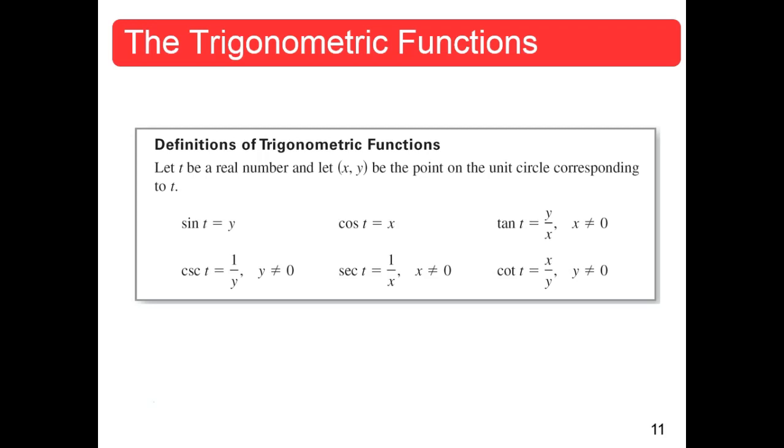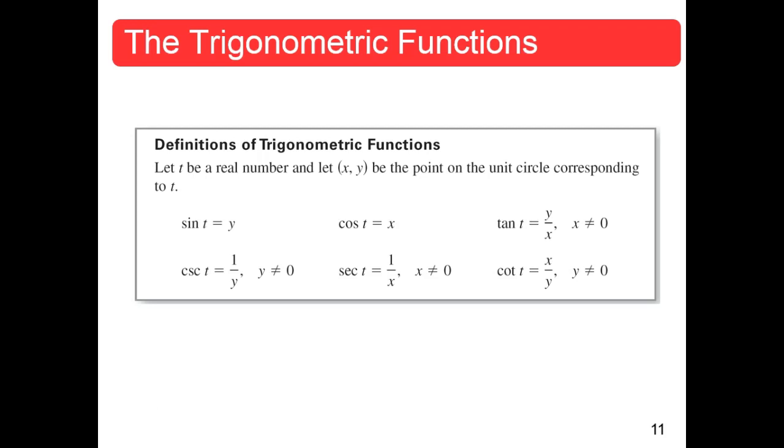Each of these are your reciprocal identities right here. One is the reciprocal of the other. These are fine forever because you can have a 0 if it's in the numerator. You can't have it in the denominator. So cosecant is not defined on your whole pies, any place where sine is 0 or y is 0, that would be your 0, pi, 2 pi, 3 pi, negative pi, negative 2 pi.